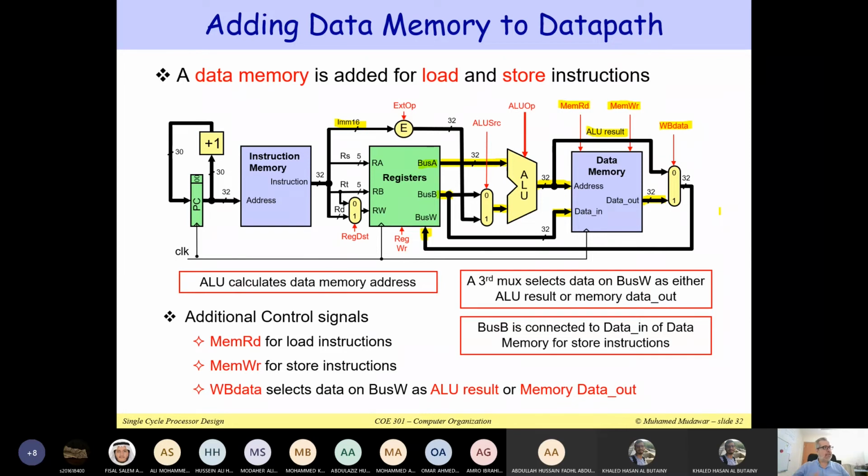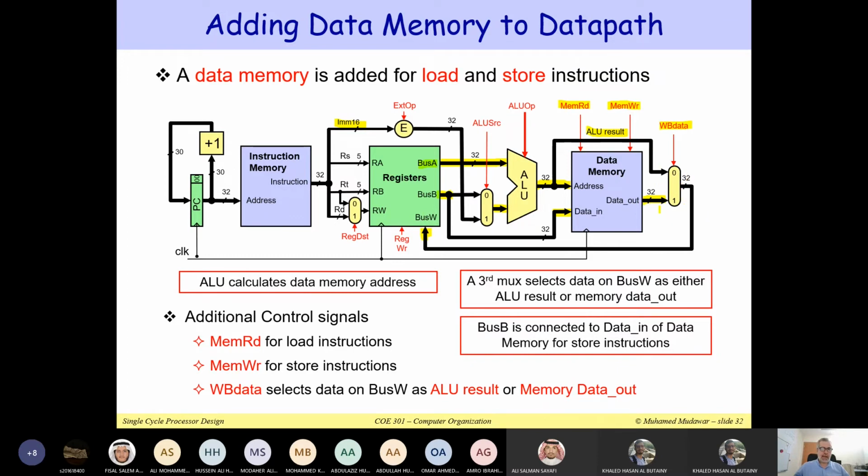So can you repeat, Victor? Write back data from ALU result. What will be done? If we have an ALU instruction like addition or subtraction, we don't really need to access the data memory. We just take the ALU result and feed it back to the register file. But if we have a load instruction, then we cannot take the ALU result and feed it back.